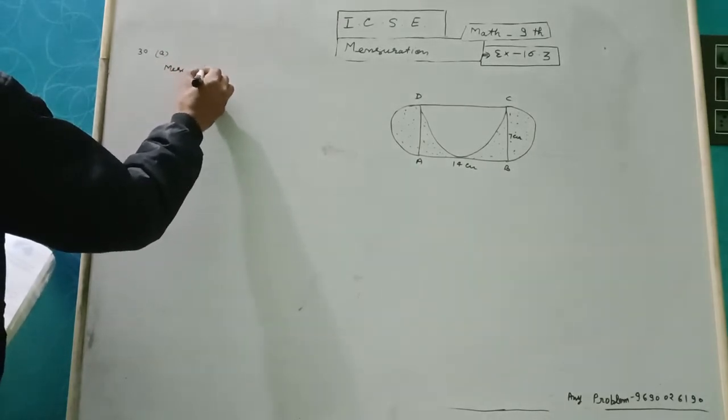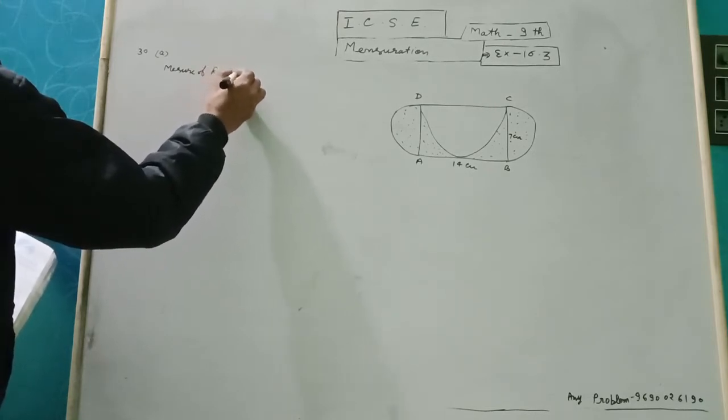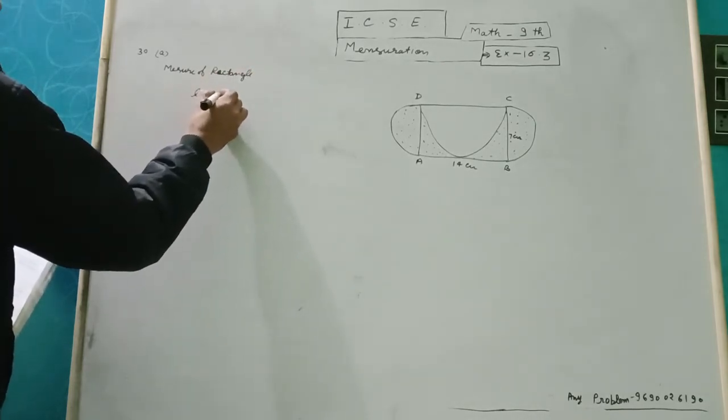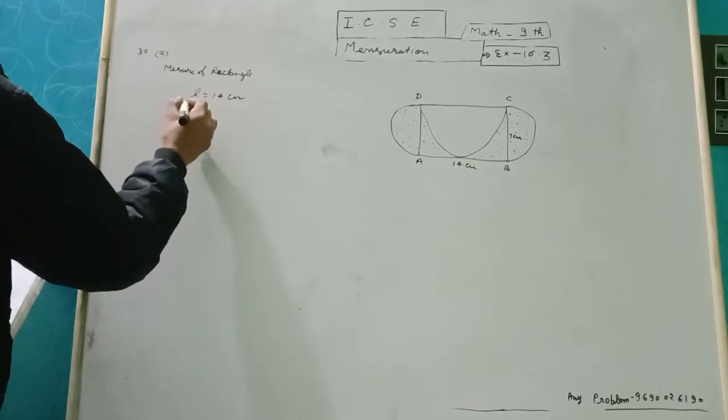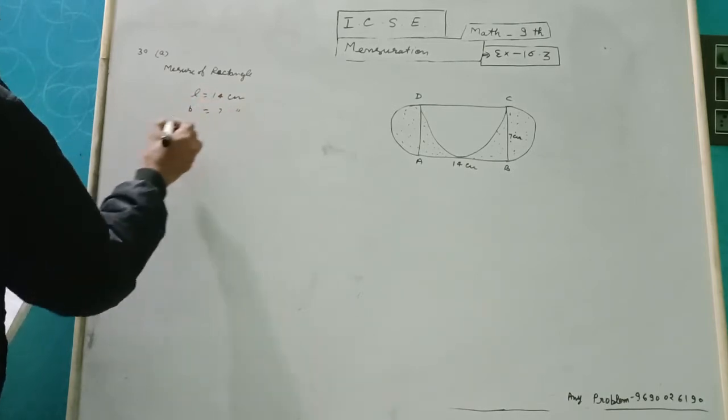Measure of rectangle: L is equal to 14 cm, B is equal to 7 cm.